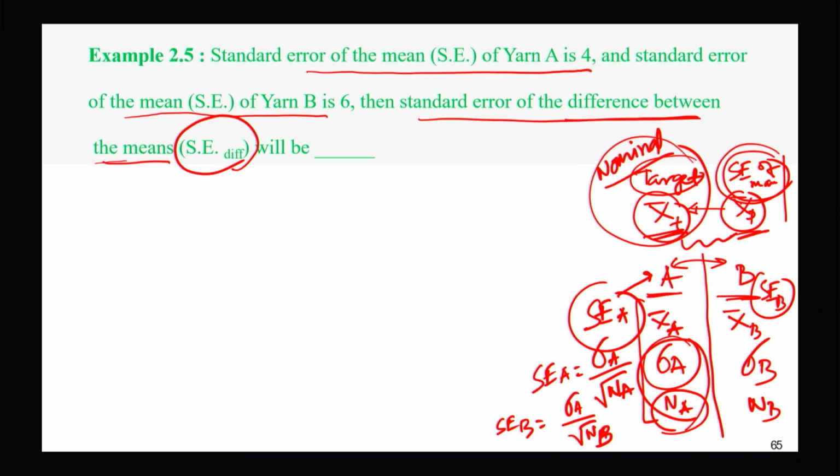In our equation, the standard error is the standard deviation of the population divided by the square root of the number of samples, n. That is the standard error of mean.